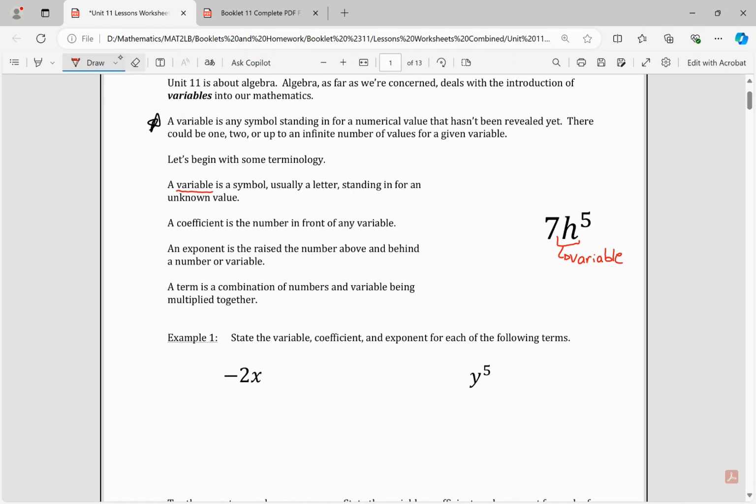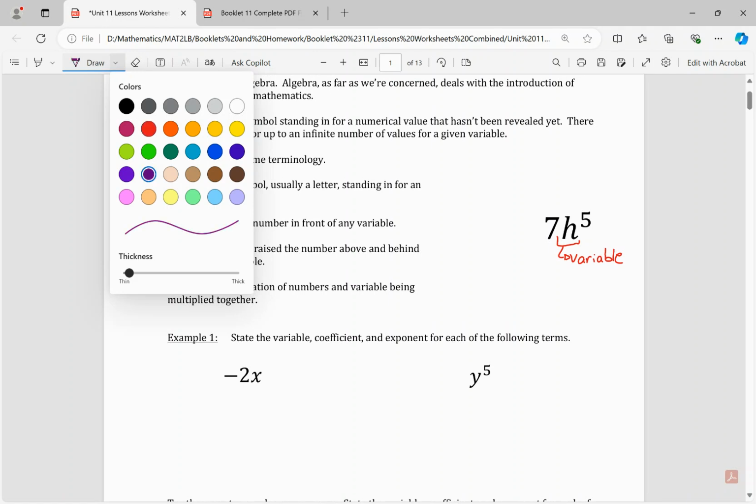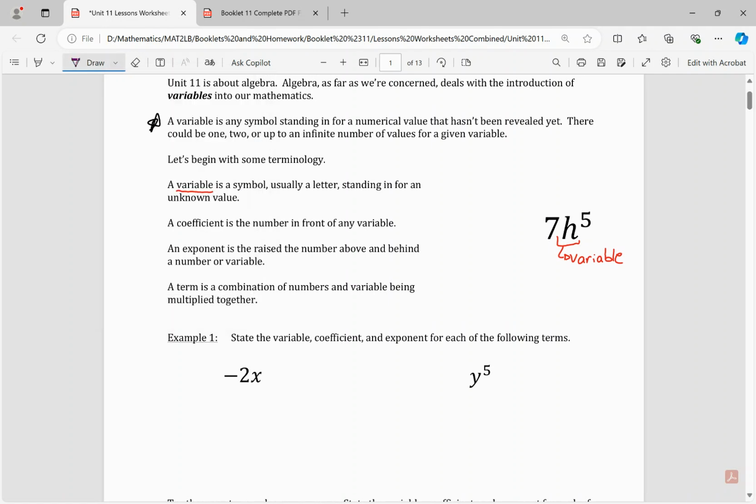So the next definition is a coefficient. A coefficient is the number that is in front of any variable. In this case, the coefficient would be the number in front of the variable h, and that number is 7. We call that the coefficient.